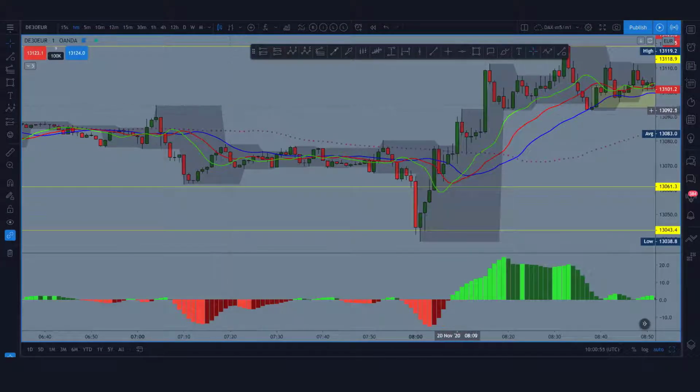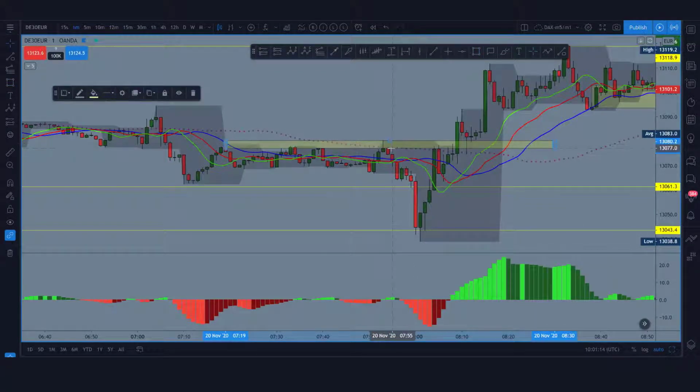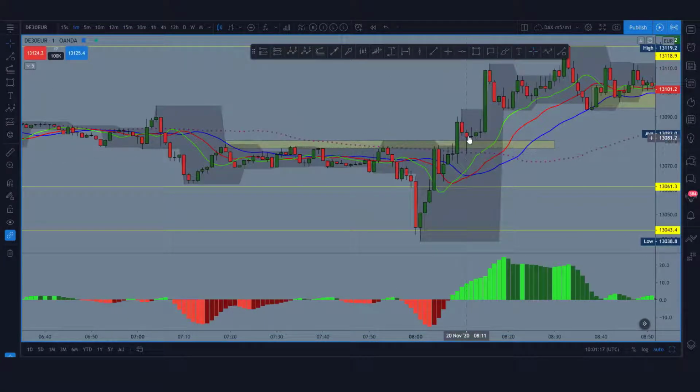If you look at it, price tested that level, pulled back, and tested these levels, these ones. And created kind of a bullish candle, touching the purple as well. So for that reason, it could have been taken.